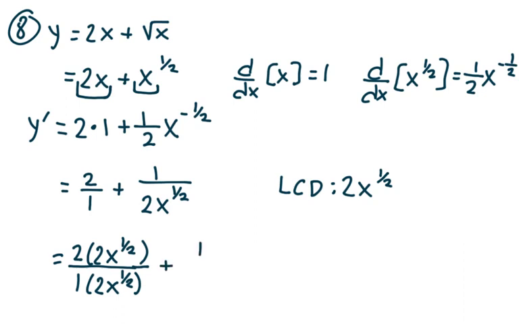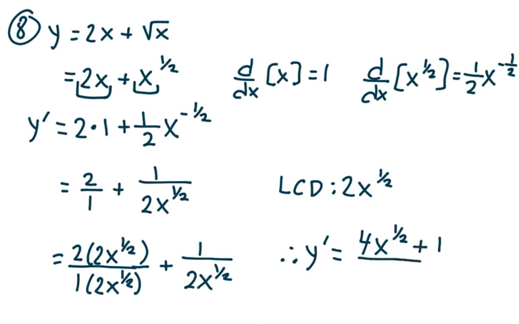And then I'm going to add 1 over 2x to the 1/2. So it's a good exercise in getting a common denominator. And so therefore, y prime is 4x to the 1/2 plus 1 divided by 2x to the 1/2. And that's how we do example 8.